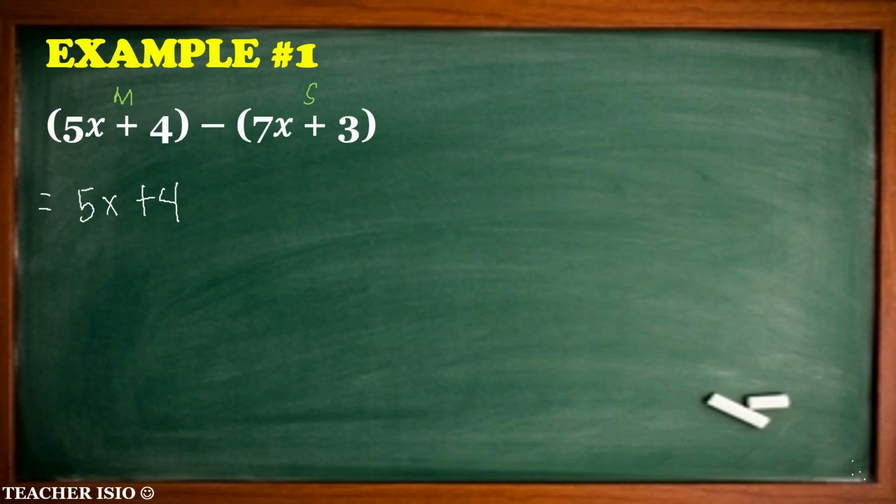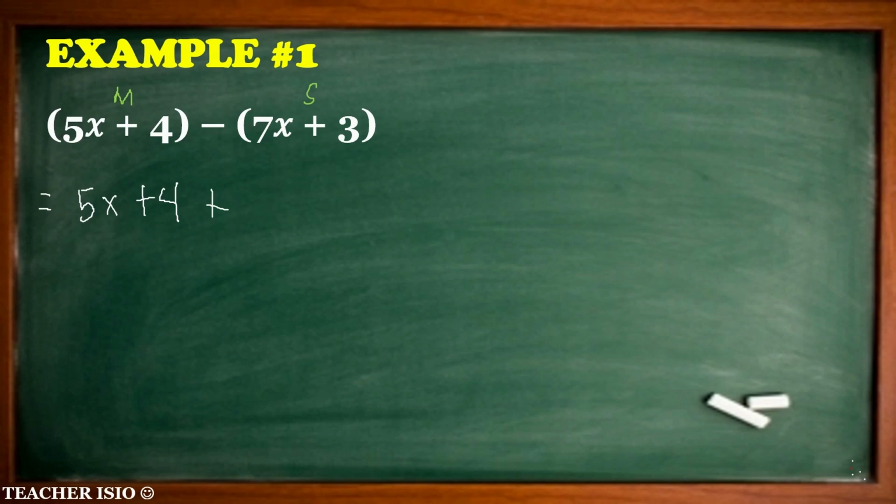Next, we're going to change subtraction into addition. So this minus becomes addition. We have plus. Next, we have the subtrahend. So KCC, C stands for change. We're going to change the sign. Please take note, when we are subtracting polynomials, we're going to change the sign of each term.